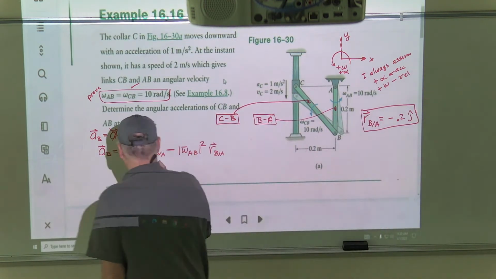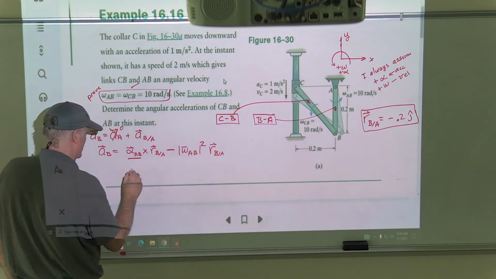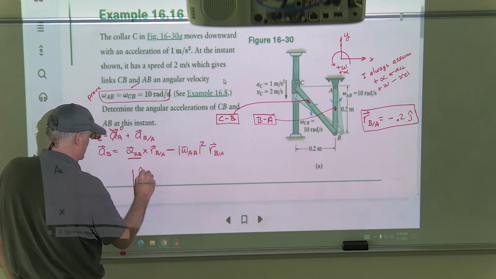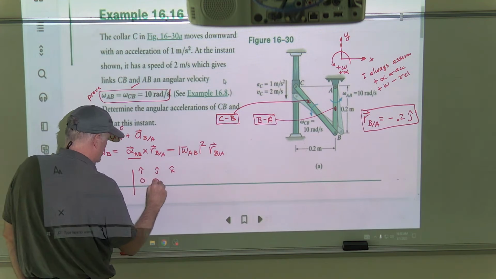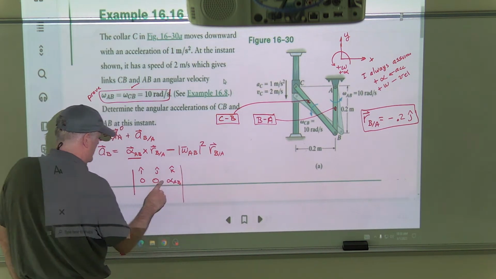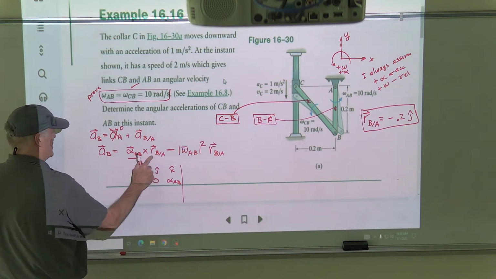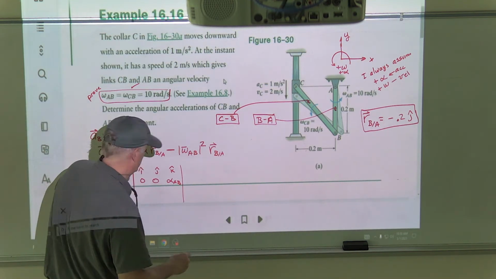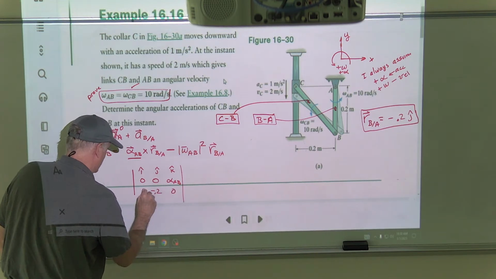So if I look at this thing, this is a cross product. This is actually 1, 2, but it's already been broken apart for us. So I do I, J, K. I'm going to assume it to be positive. Assuming it to be positive means it's a positive number there. Then all I have to do is get that vector, which is this, and put it in there.